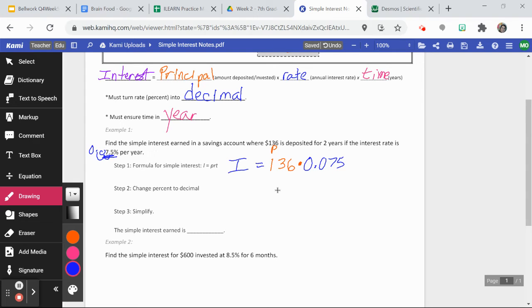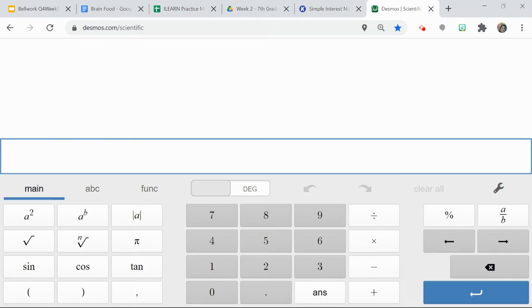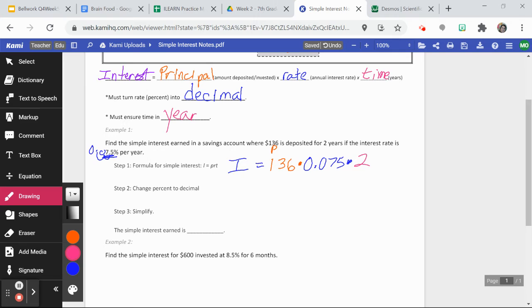Then we have our time. How many years did this take? Did you leave your money in there? 2. And we just multiply. So I'm going to put that into my calculator. We said 136 times 0.075 for 2 years. Oh, I kind of skipped ahead.